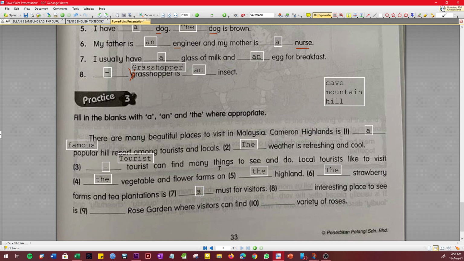Okay, kamu translate je dalam bahasa Melayu. Adalah satu kewajipan. Must ni maksudnya wajib. Is must.